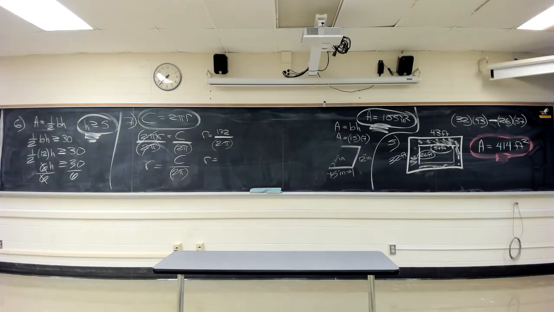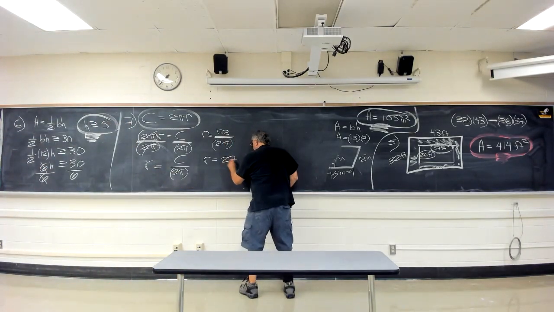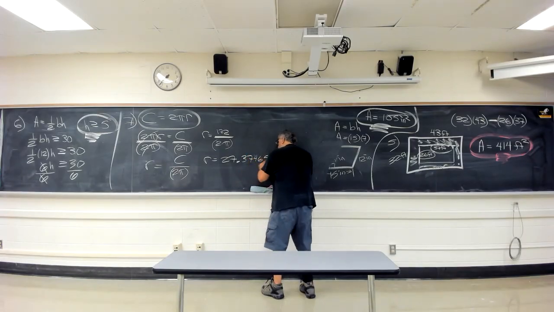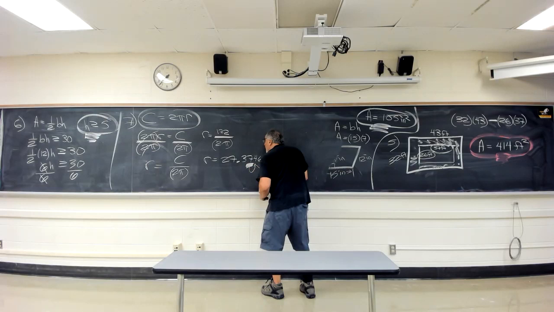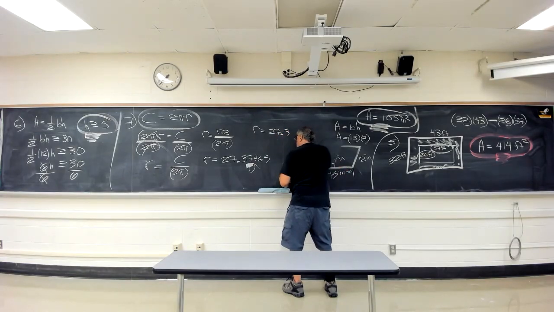27.3746 and then some. 27.37465. They wanted it rounded to the nearest hundredth. So R is going to equal 27.37.